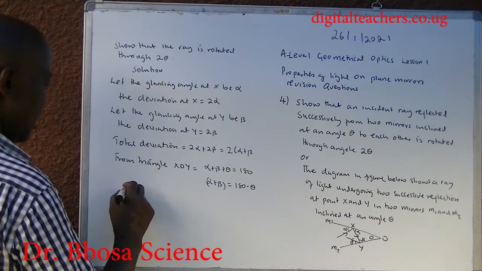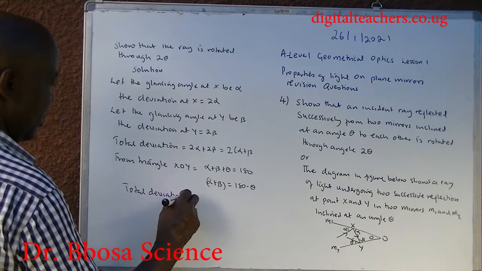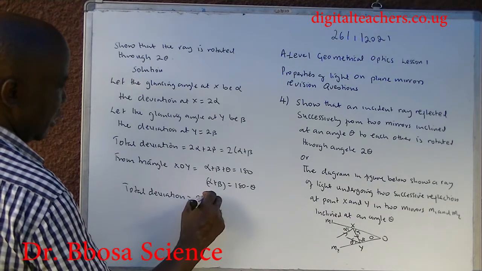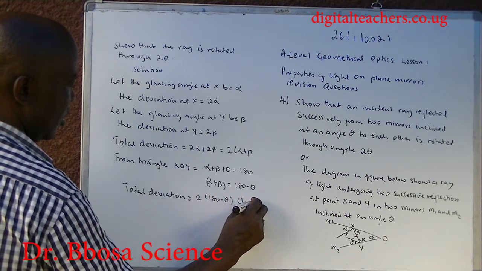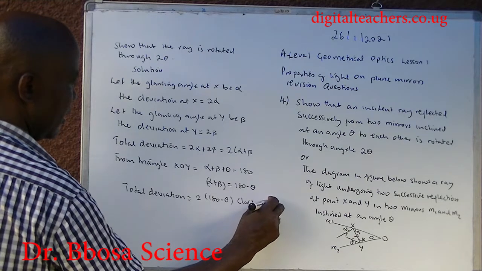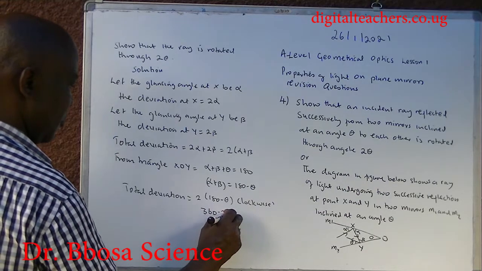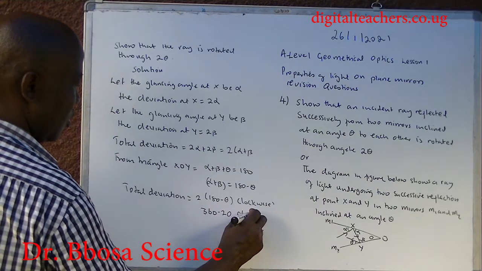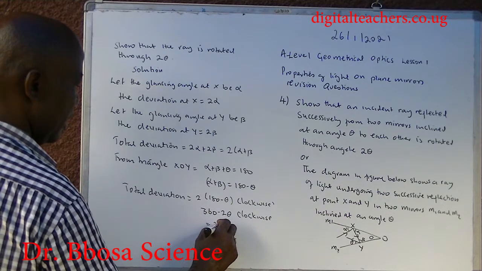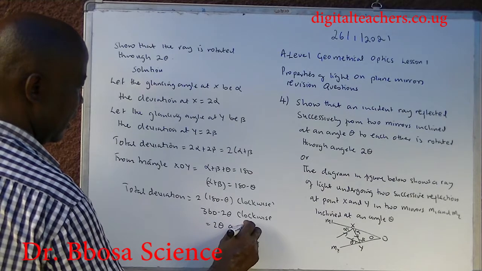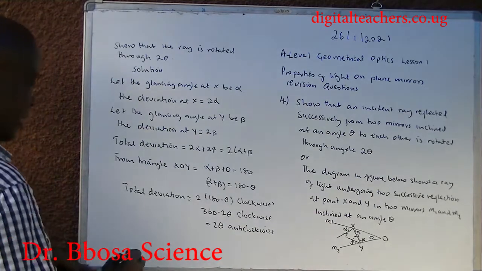Substituting, total deviation is equal to 2 into 180 minus theta clockwise, is equal to 360 minus 2 theta clockwise, is equal to 2 theta anti-clockwise.